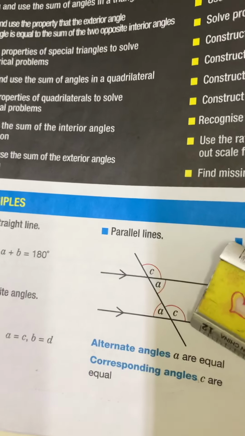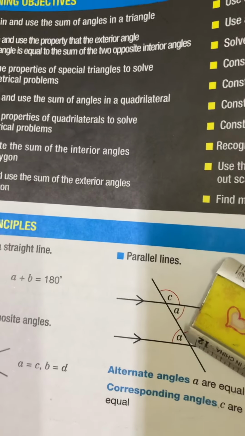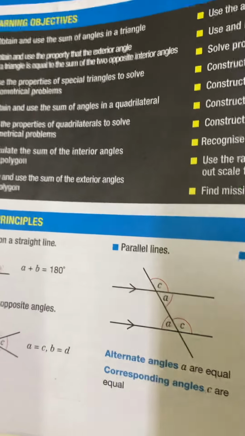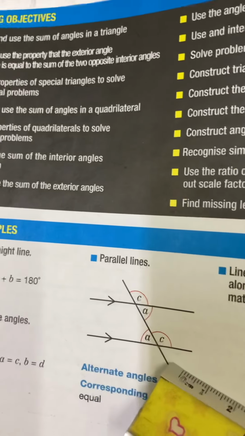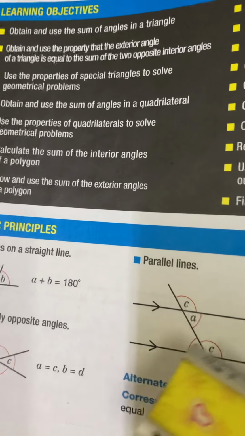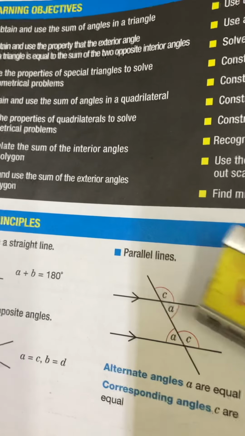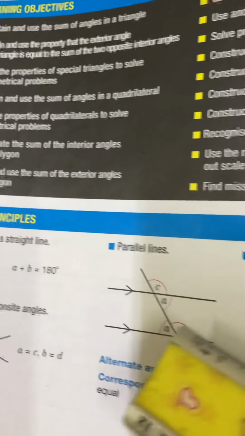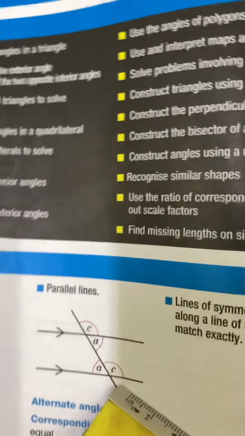The sum of them equals 180: two interior angles. So if you have two parallel lines, put in your mind that you can find alternate angles on letter Z, like A and A; corresponding angles on letter F, like C and C; and on letter C, you will find interior angles equal 180, okay?